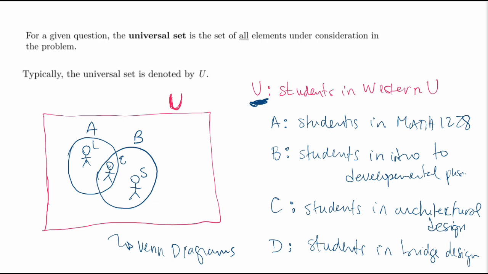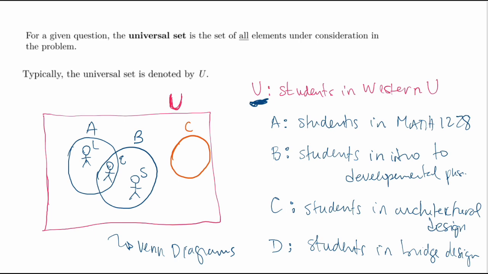Now let's depict set C. Set C are the students in architectural design. Well, we can look at the data, but I would say that students in architectural design are further along in their program, so they already had Math 1228.